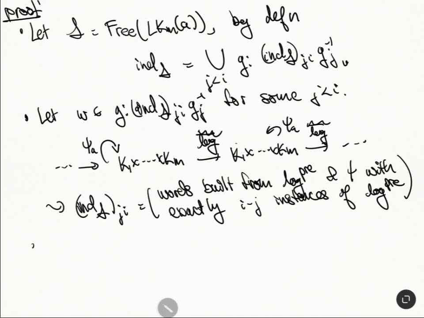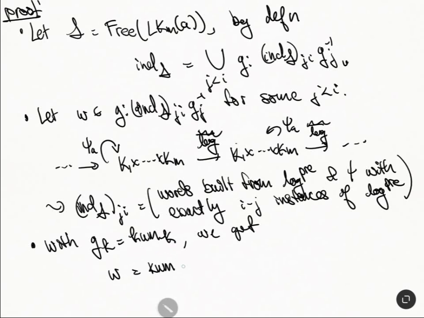With Kummer_k, the kth Kummer map, our word looks like Kummer_i, psi of n_i. I got my indices backwards here.